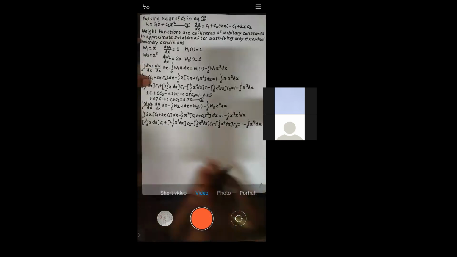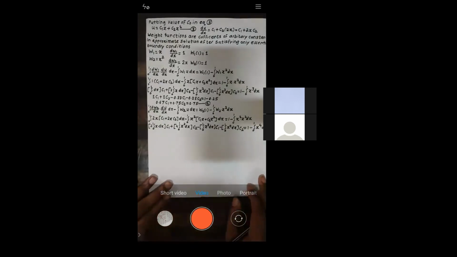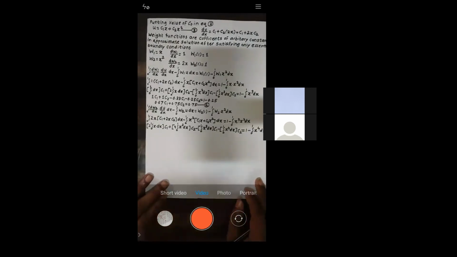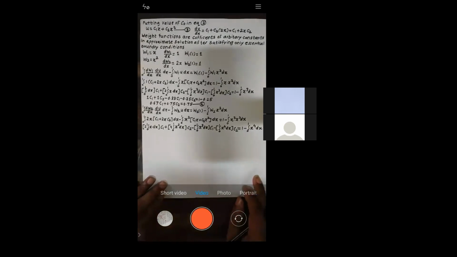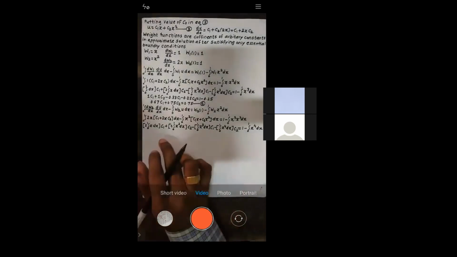Now tell me the coefficient of c1. All of you, tell me the coefficient of c1. 1, sir, 1.